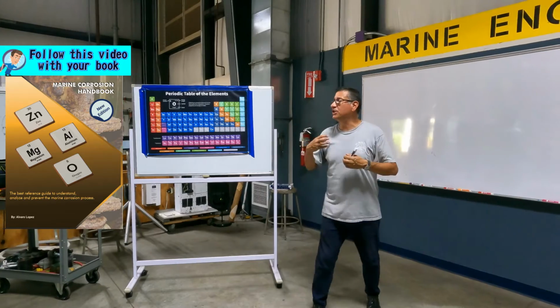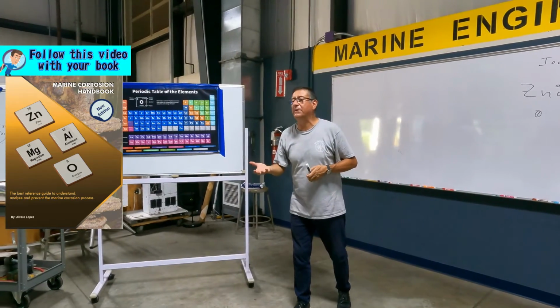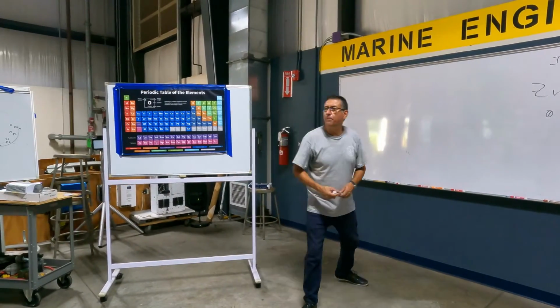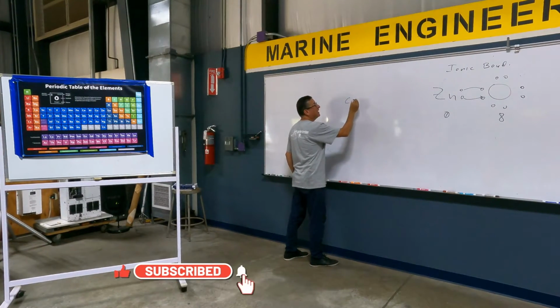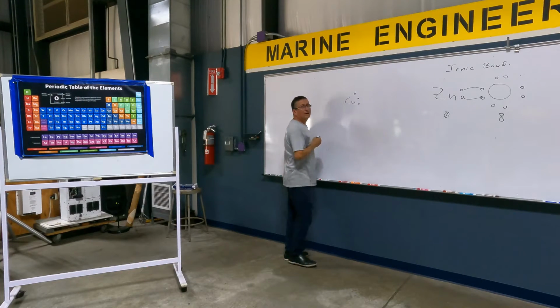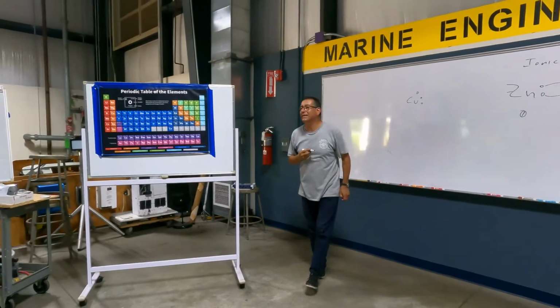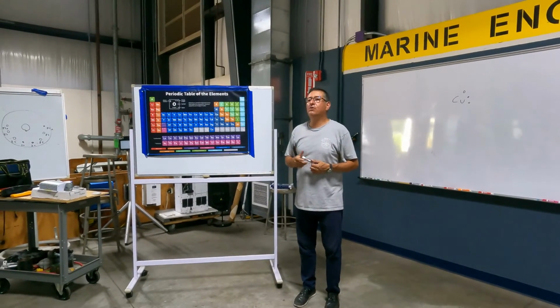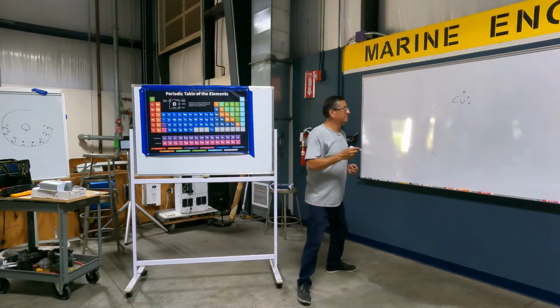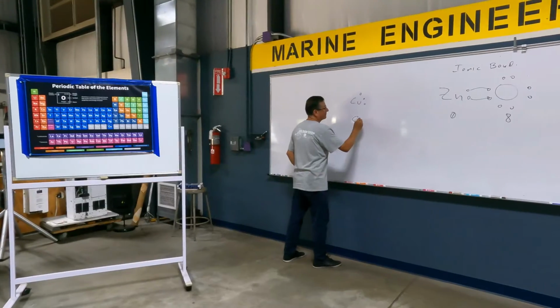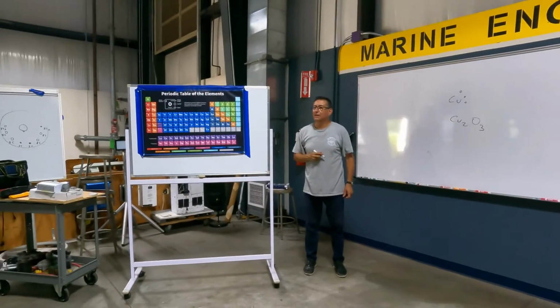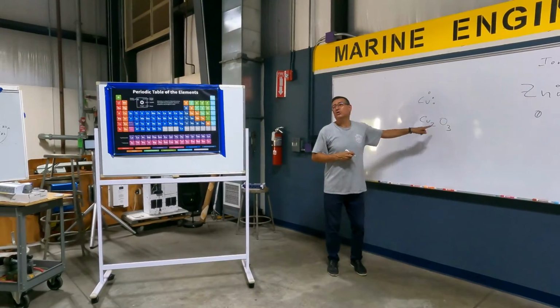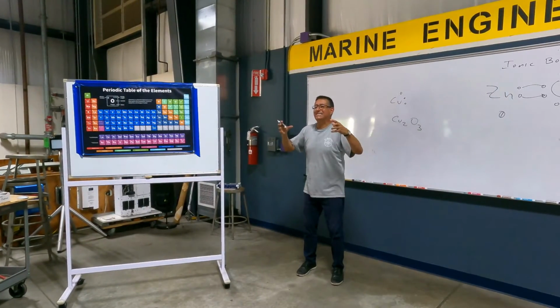What happens if oxygen is in front of a piece of copper? Copper, how many electrons in the last orbit? 3. And oxygen? 6. What is the molecule of the oxide of copper? I need 2 coppers and 3 oxygens to create a stable molecule.